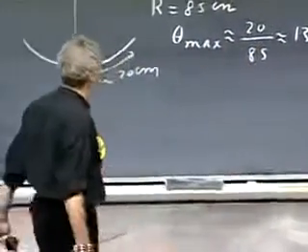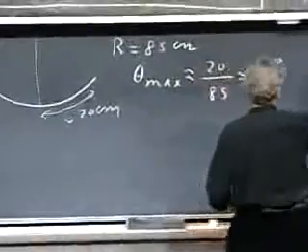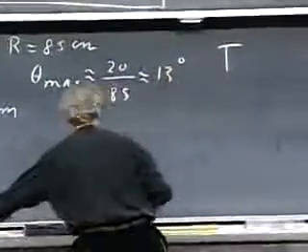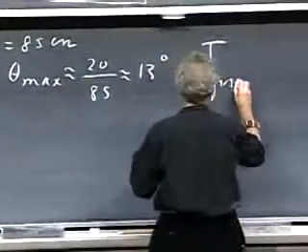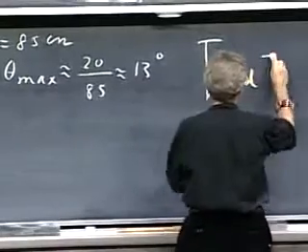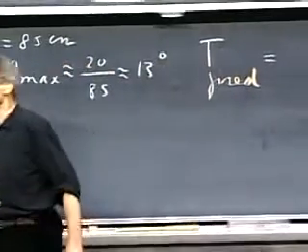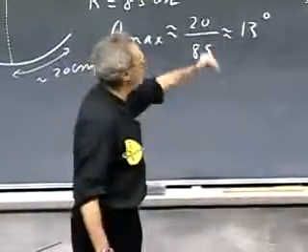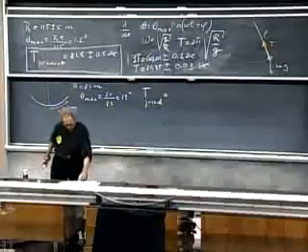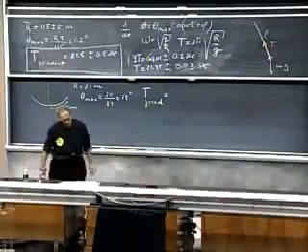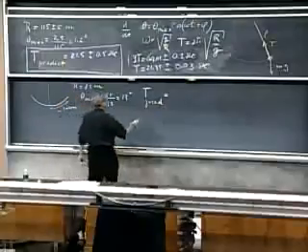It's that small. So I can make a prediction of the period of this oscillation. You take 2 pi times the square root of R over g, and you find 1.85.